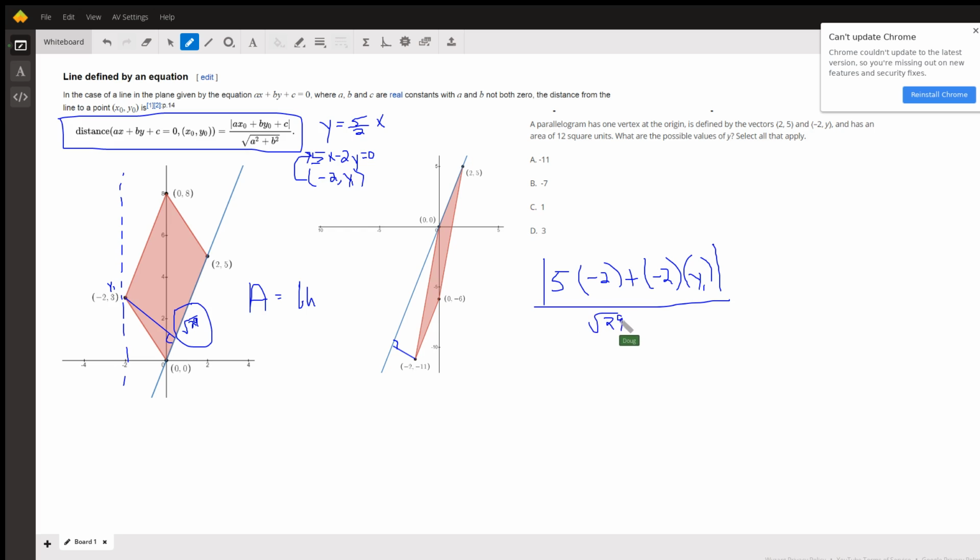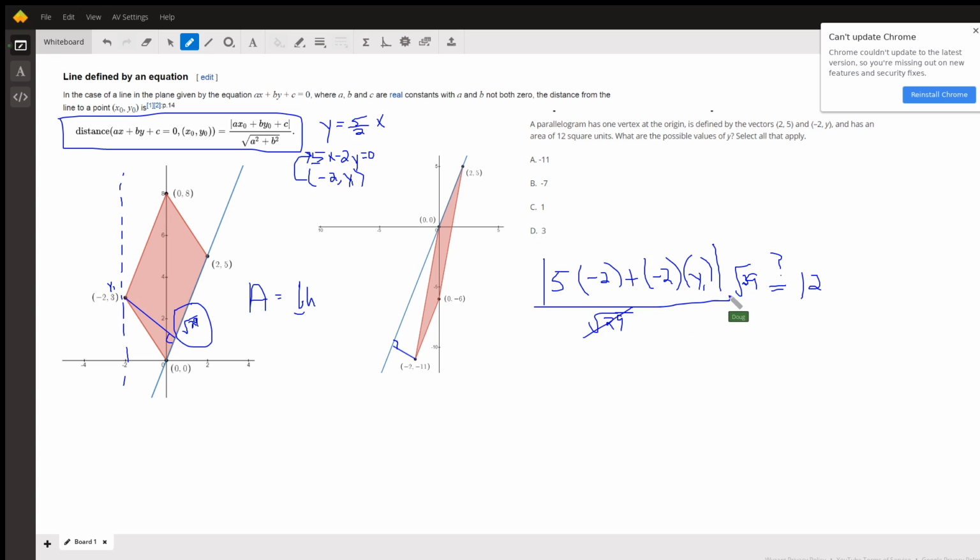So that's an expression or a formula for the altitude or the height of this parallelogram, where we don't know y sub 1. And if we multiply that times the base, which is the square root of 29, we want to know, when does that equal 12? What values of y sub 1 will give us 12?